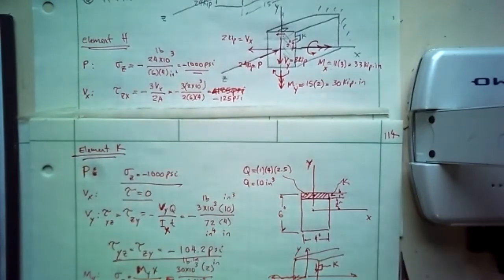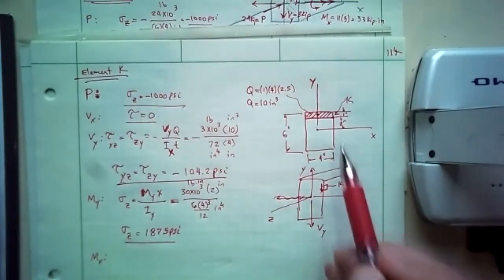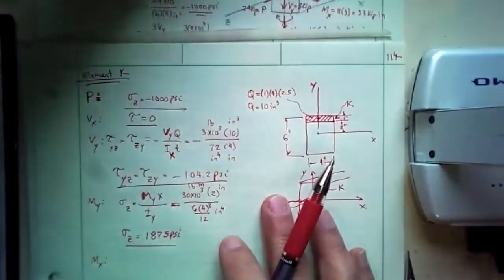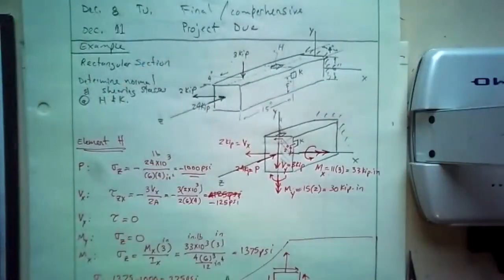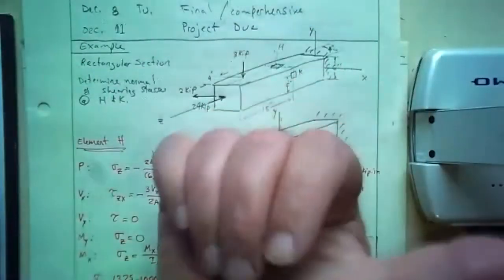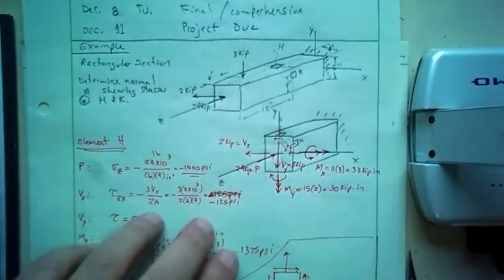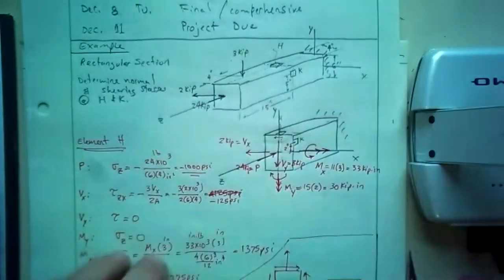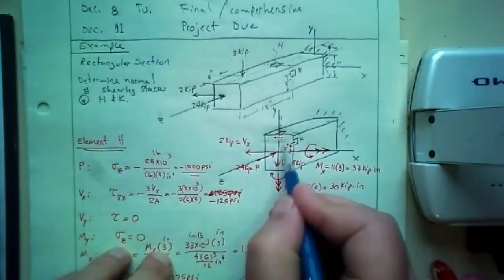All right, so I have that, I have this, I have this, and I have that. Can you move the paper up a little bit? Yes, sorry about that. Next, we have Mx. Well, Mx causes bending like this, so the top will be in tension, the top of the cross section. Anything above here is in tension.